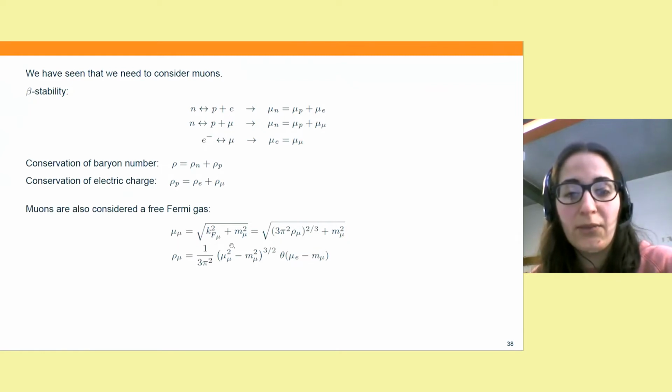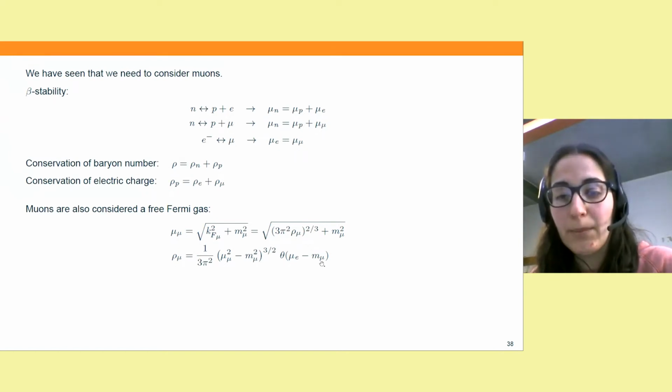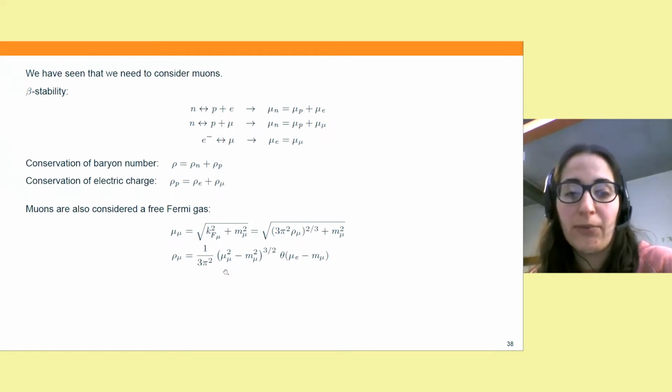It's a bit more complicated than for the electron, but we can also derive the muon density in terms of this chemical potential. And here I have included this Heaviside theta function because this density will apply only if the electron chemical potential is larger than the muon mass. Otherwise, we will not have muons, so the density will be 0. So I put this theta here.